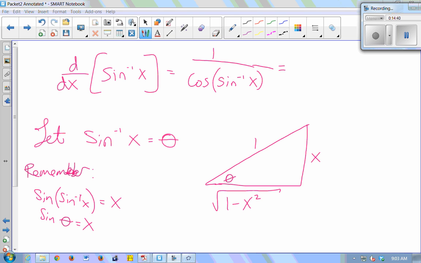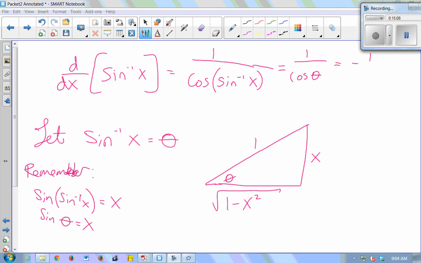So take this one step further. This now says 1 over cosine theta, instead of inverse sine of x. But what is the cosine of theta in this triangle? Yeah, the square root of 1 minus x squared over 1, adjacent over hypotenuse.